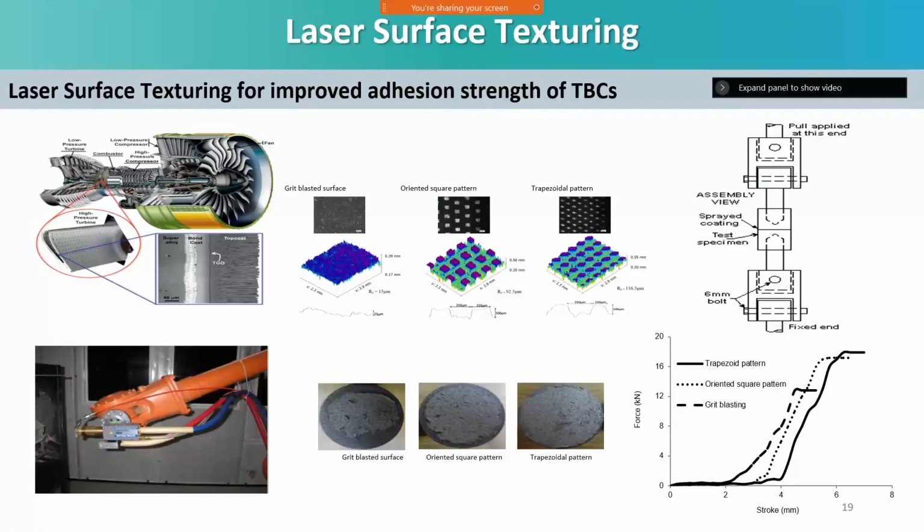Previously they were using grit blasting to make the surface rougher and then coating, but we have proposed an alternative: laser based texturing, a controlled removal of the material in order to improve the roughness. That would be really helpful.